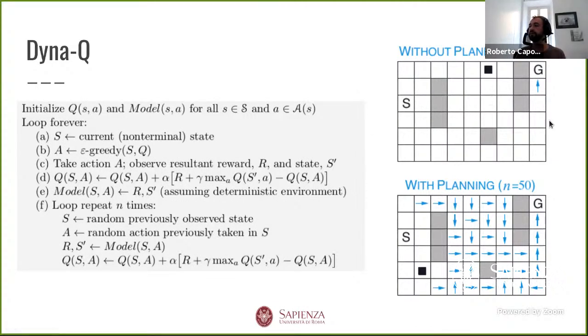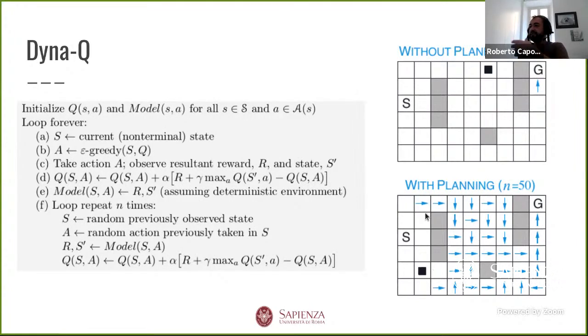So if you look at this picture on the right, you can see that there is some difference in the number of updates that you can perform. If you just operate with Q-learning without planning, then you can just perform one update at this state, for example.